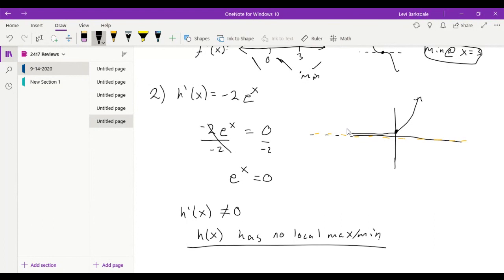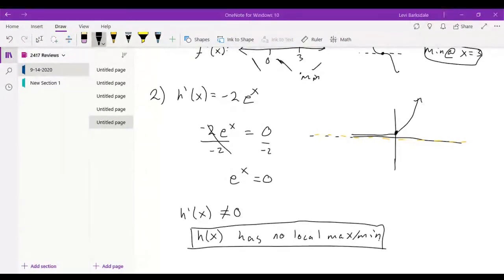There's nowhere that it could possibly have a maximum. Does that make sense at all? All right, great.